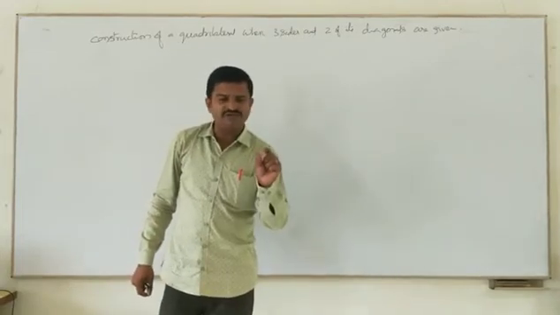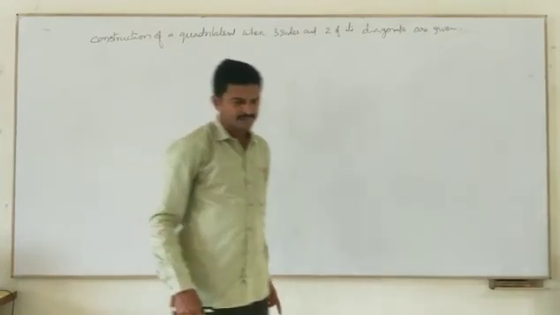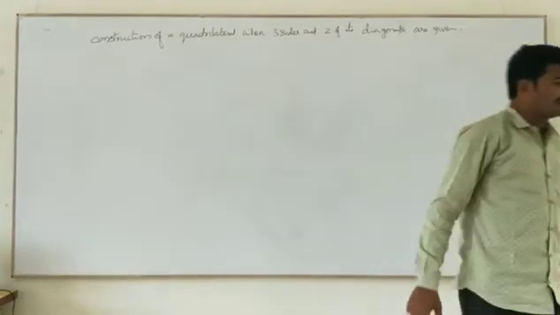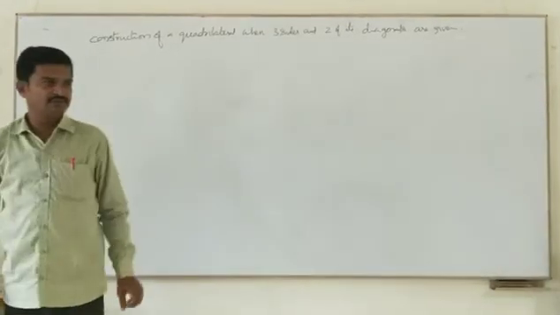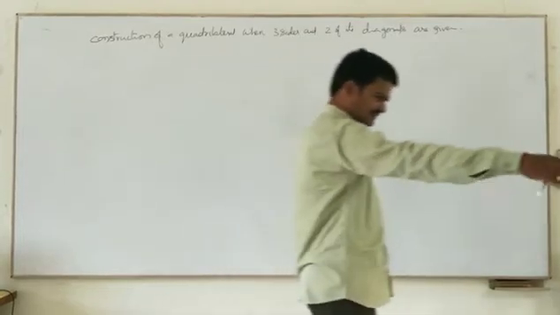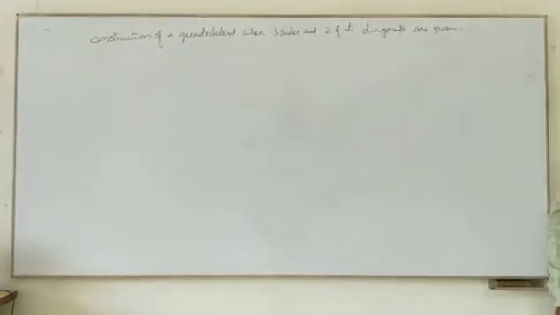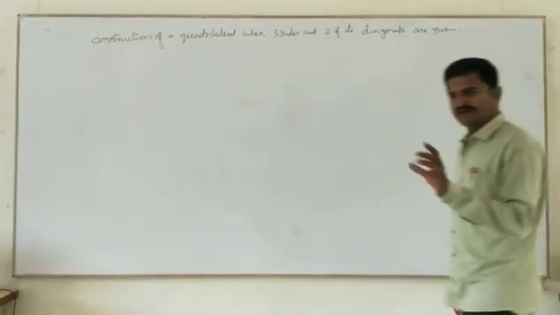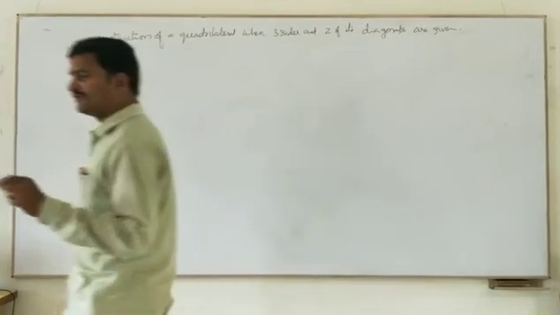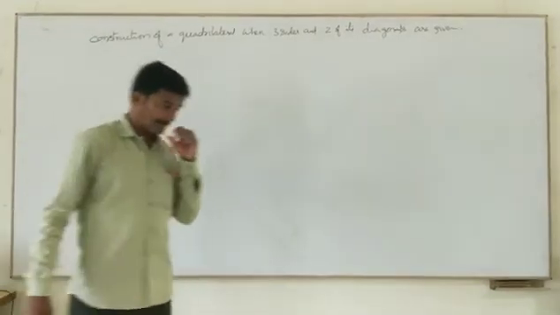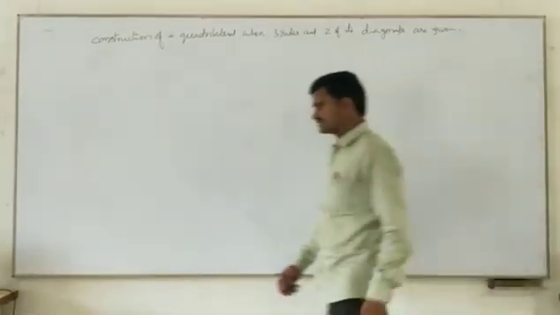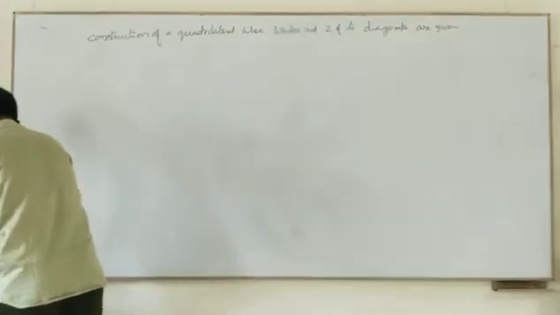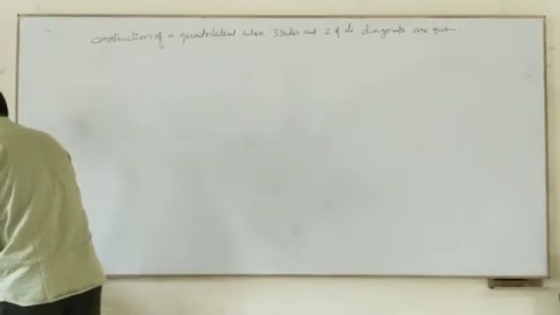Construction of a rhombus when two of its diagonals are given. Write it. Construction of a rhombus when two of its diagonals are given.